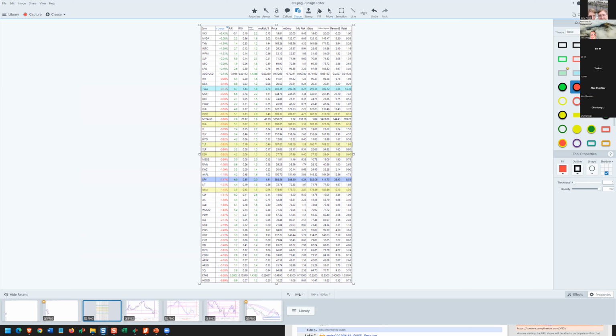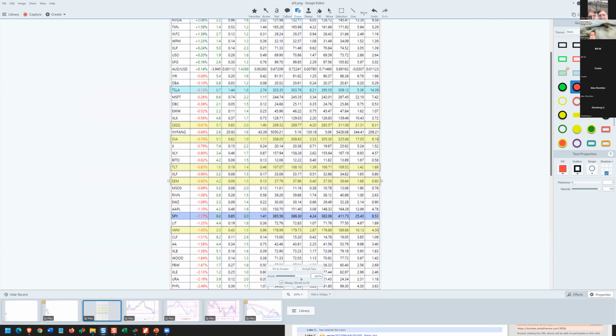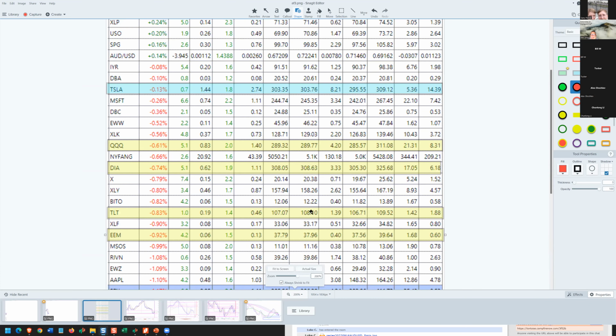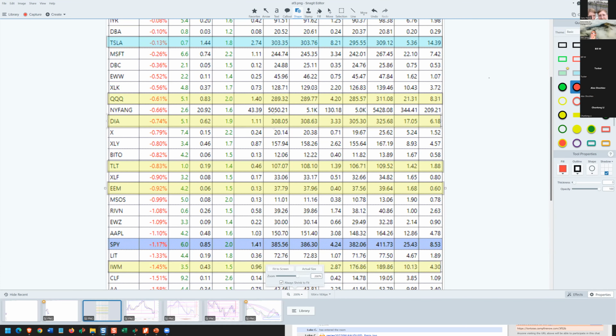Take a look at the sector's performance today. So the SPY, our baseline, was at minus 1.17. The Russell was the only thing worse at minus 1.5. Emerging markets minus 0.9. Treasuries minus 0.8.